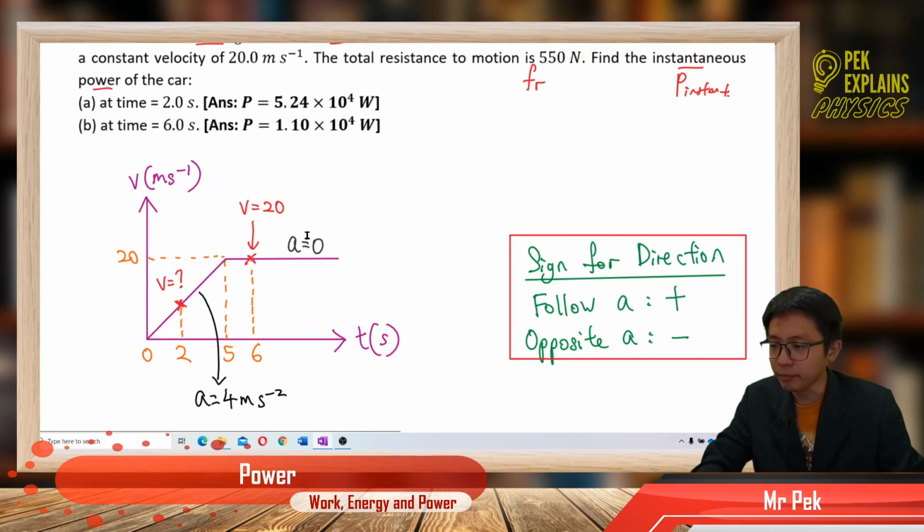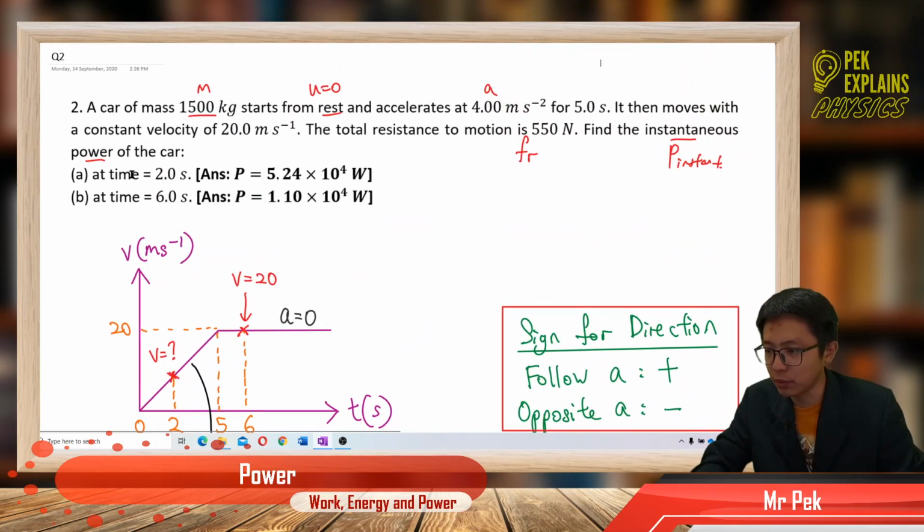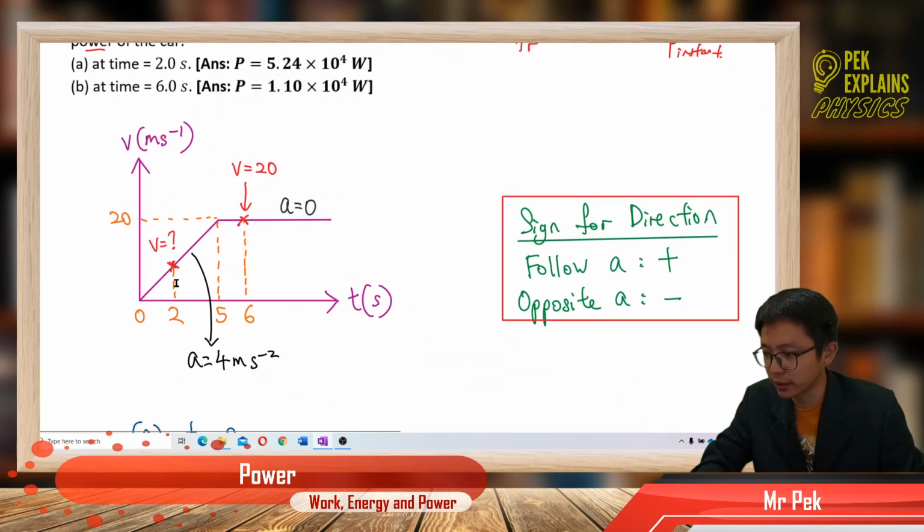Right? So we want to find power at 2 seconds. We must identify where 2 seconds is. At 2 seconds, what's the velocity? We don't know. We have to find out using the kinematic equation. So 2 seconds is around here.